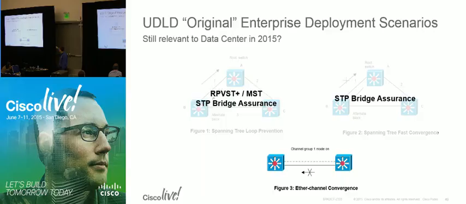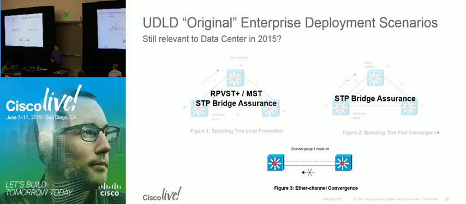How about bundles? Anybody has a problem running LACP today? Anybody has to do mode on on switch-to-switch links? Nobody. Okay, one person. Certain hosts, yes, but at least on the switch-to-switch links, no problem. The gentleman's saying, yeah, I might have a problem doing it on the host-facing links.